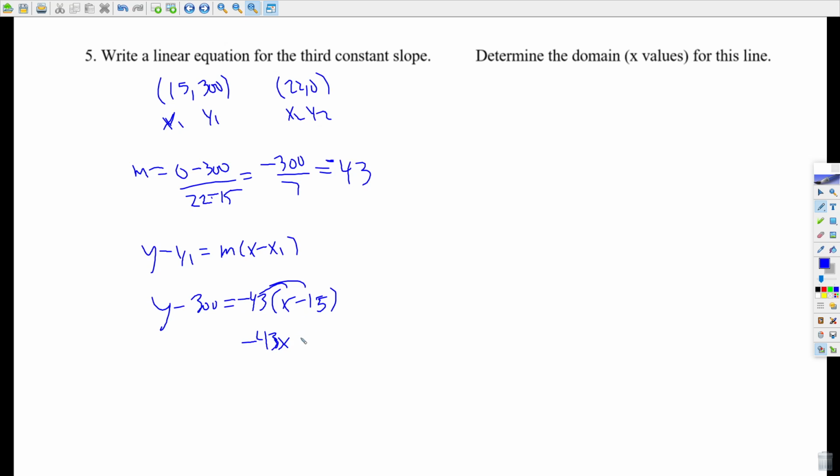Two negatives get multiplied together here, so it's going to be a plus. And then we have to add 300 to finish it, and that gets added on to the 645. So y equals negative 43x plus 945. Should rewrite this a little bit.